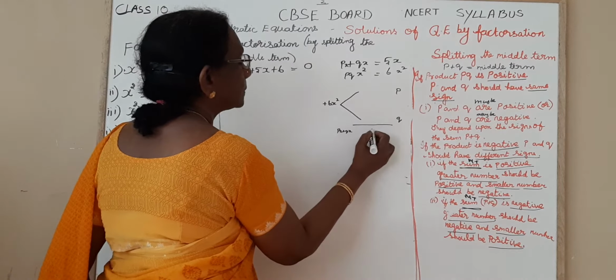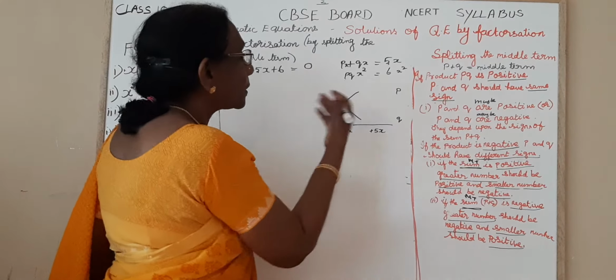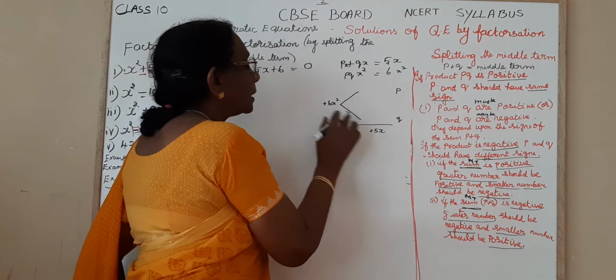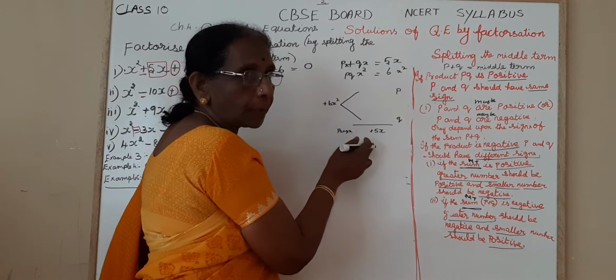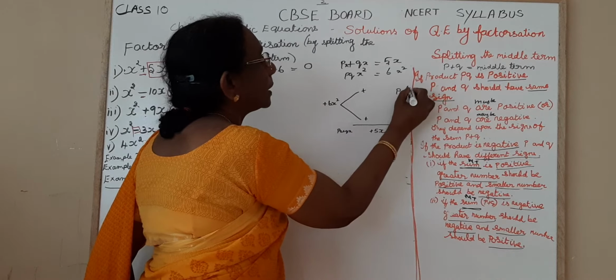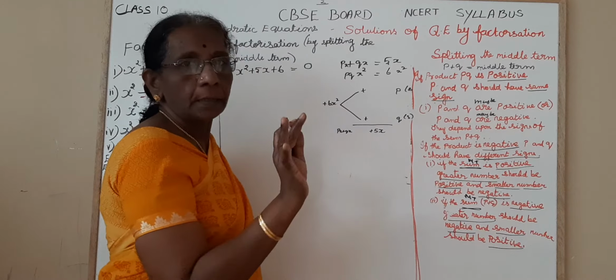Px plus Qx is plus 5x. Now you have to select the sign of P and Q. When you multiply you have to get positive, when you add you have to get positive. Therefore the big number and the small number should both be positive. You have selected the sign.